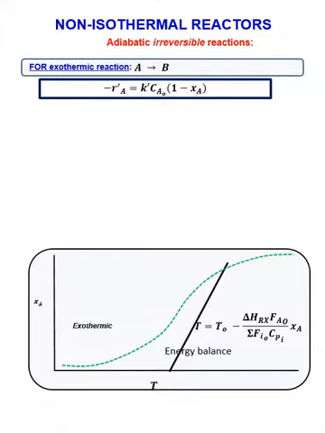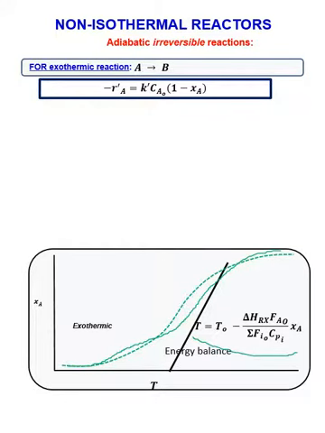So for irreversible reactions, a very similar effect for the exothermic reaction is observed. Just shown here for an exothermic reaction is the slope or the shape of the energy balance, the modified mole balance for a CSTR.